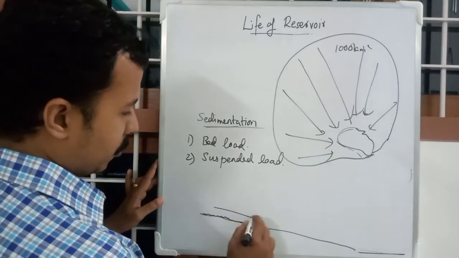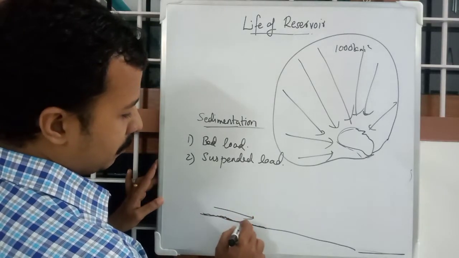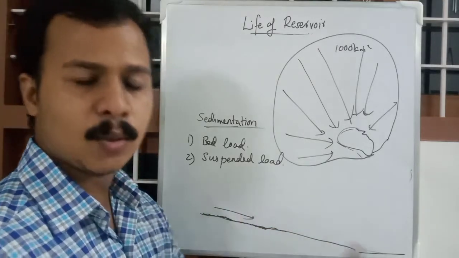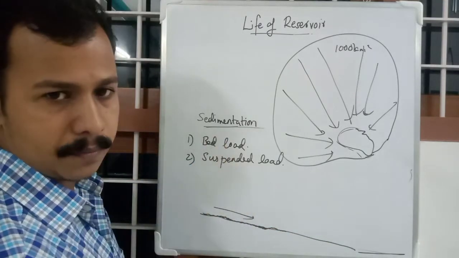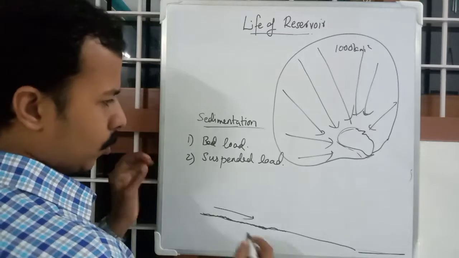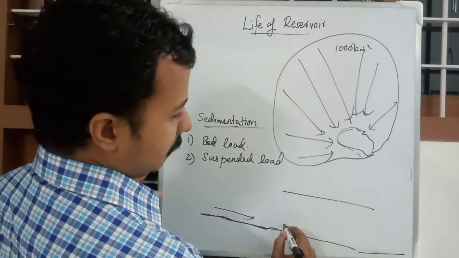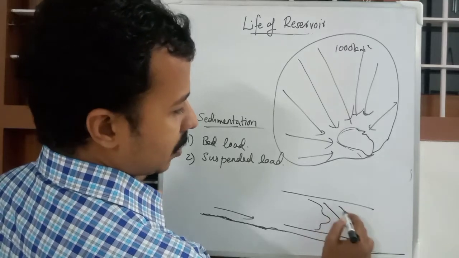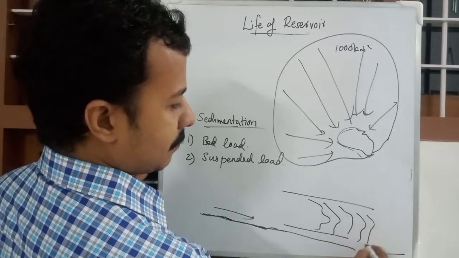When the rainwater flows like this, the bigger particles roll or slide along the soil, and that is called bed load. You will recognize this: the soil has designs like this after a rain.